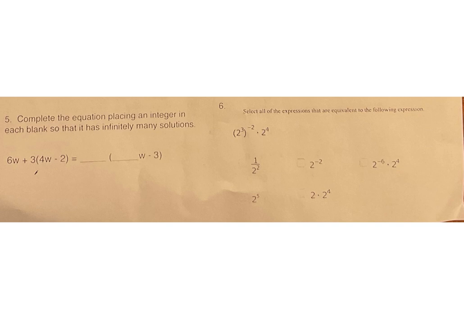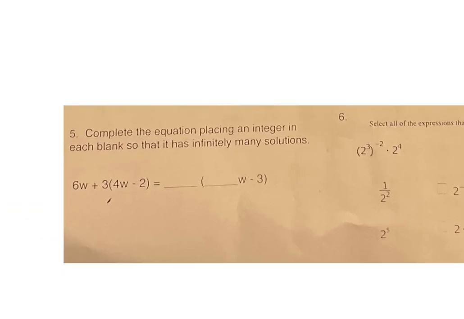As we take a look at question 5, the first thing we need to recognize is that for an equation to have infinitely many solutions, that means that our coefficients will be the same as well as our constants. So to figure out what would go on the right side of the equation, let's begin by simplifying the left side. I'm going to use the distributive property, and 3 times 4w is 12w, and 3 times -2 would be -6.